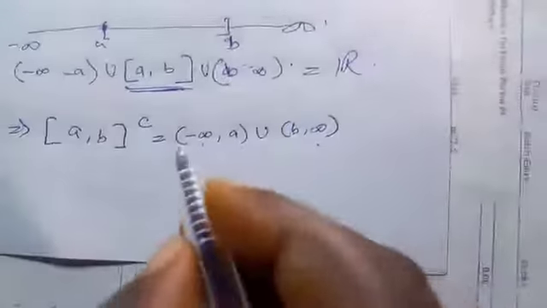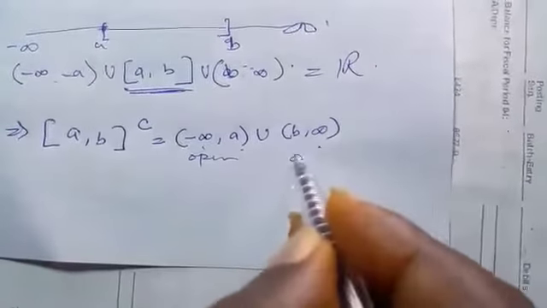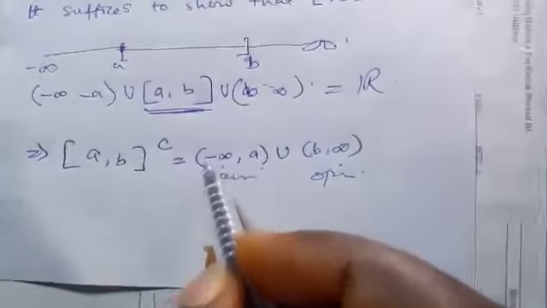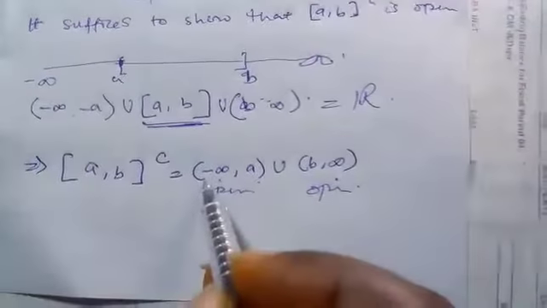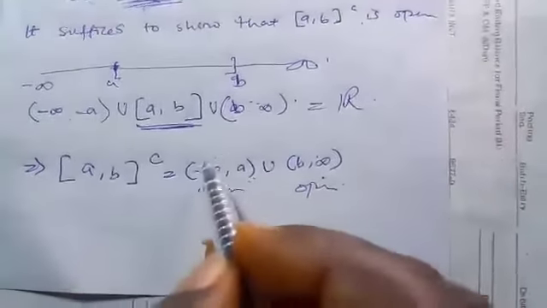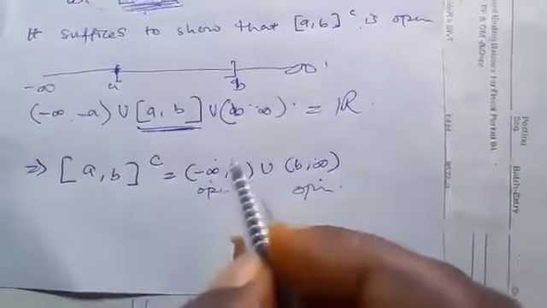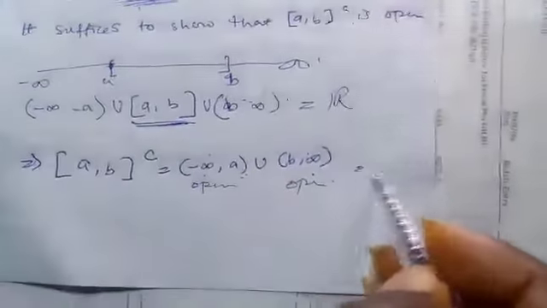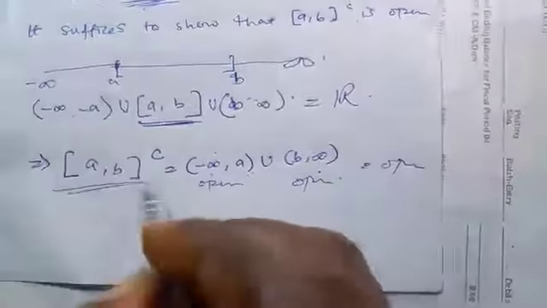But observe that this is an open interval, and this is an open interval. We have said before that every open interval is an open set. So this is an open set, and this is an open set. And we said that the union of two open sets is also open. So the complement here is open.